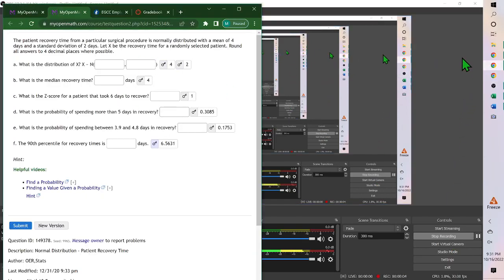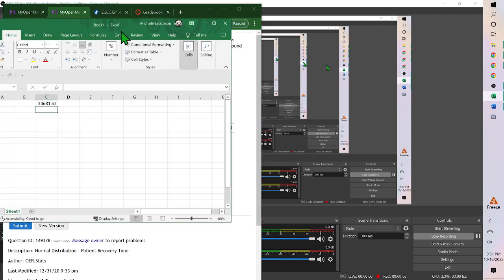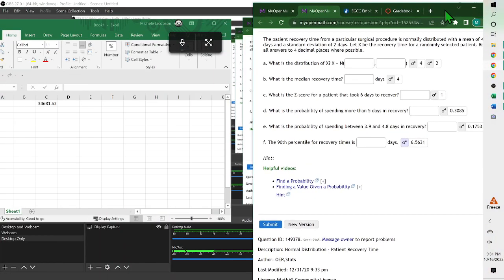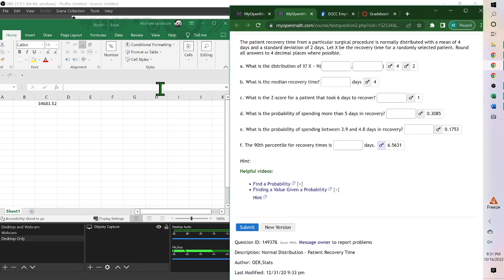For this problem, the patient recovery time for a particular surgical procedure is normally distributed with a mean of 4 and a standard deviation of 2.